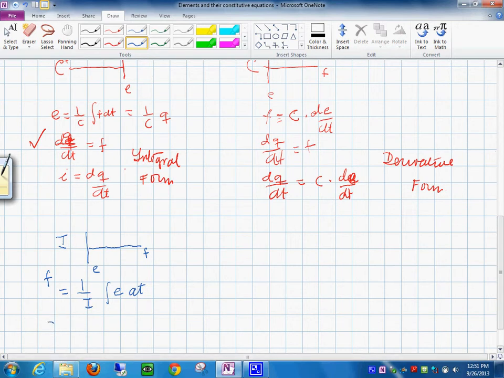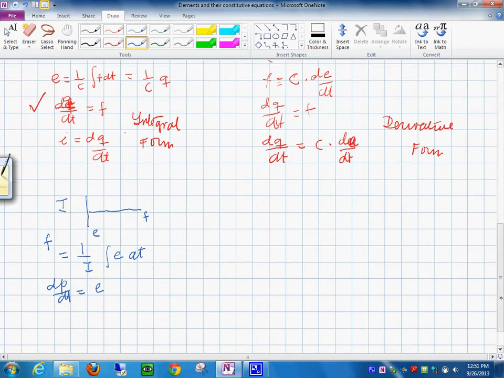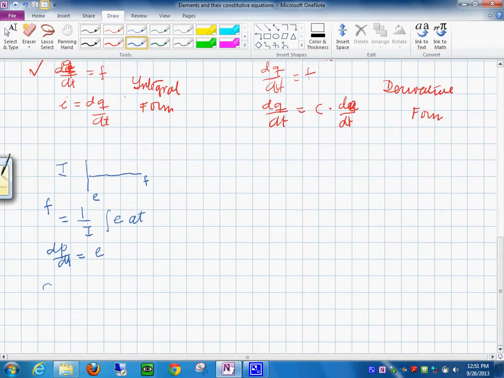And we already know that dP dt is equal to E. So because of this, it follows that dP dt is equal to E. That's what we have.